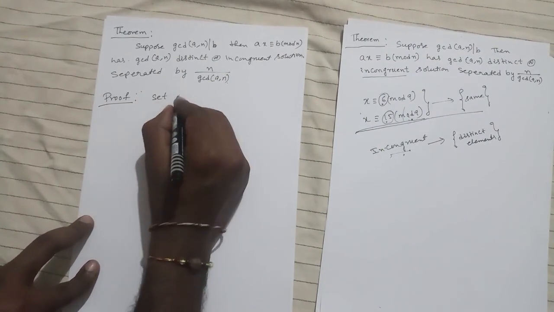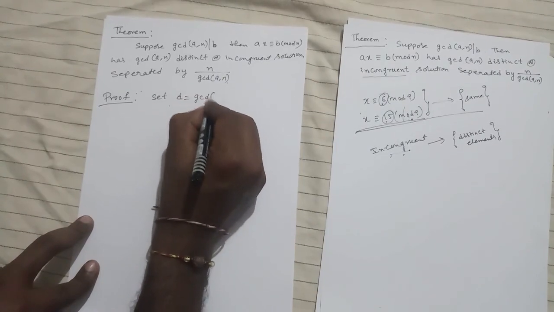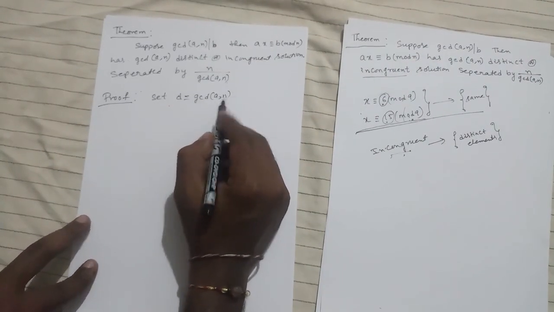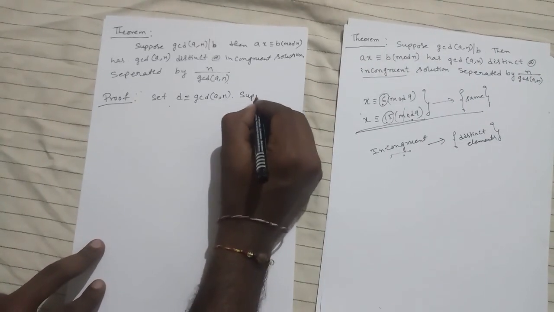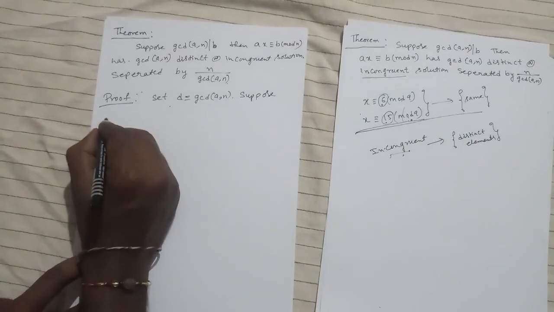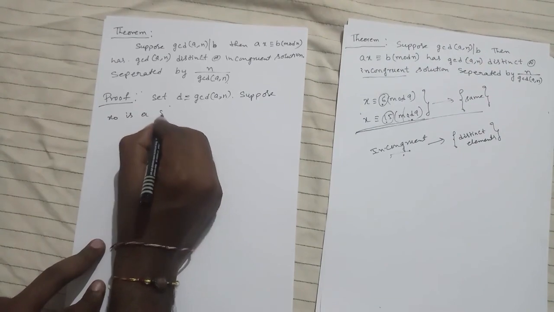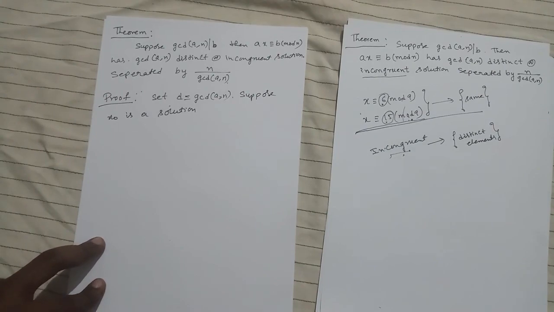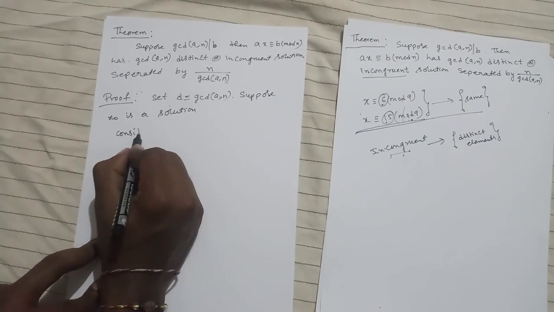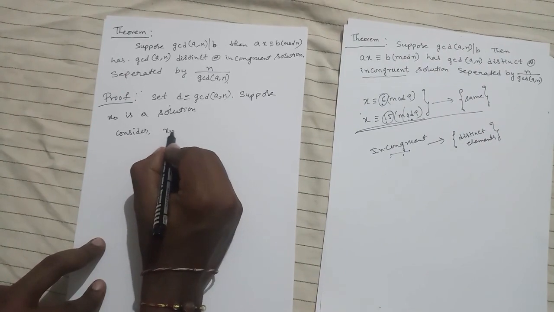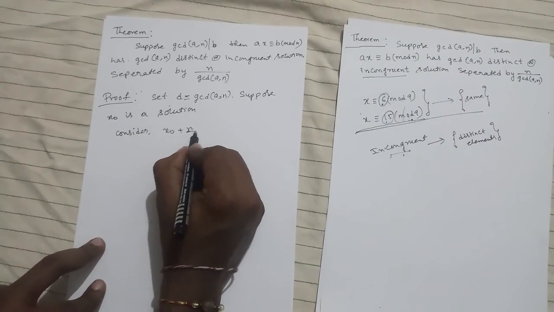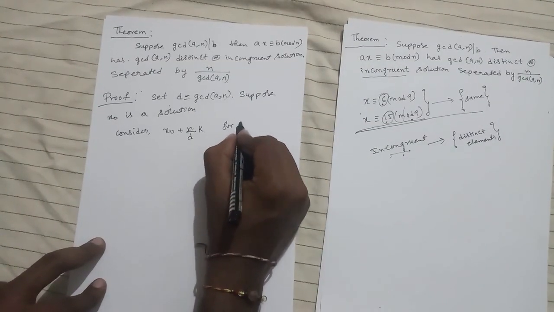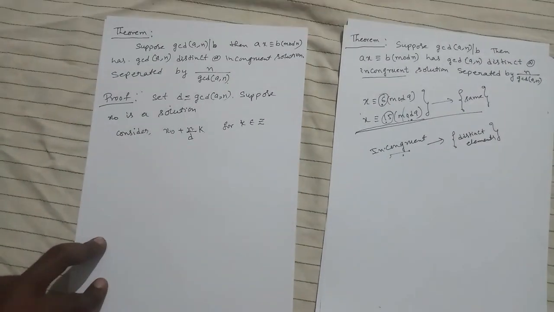We'll take one set, d equals GCD of a comma n. Suppose x naught is a solution. So x naught is a solution means I will consider one equation here, that is x naught plus n divides d into some integer k, where k belongs to the integers.